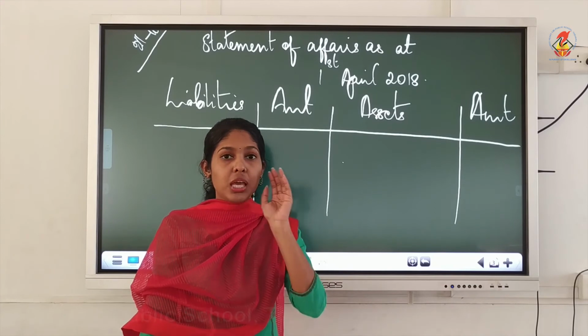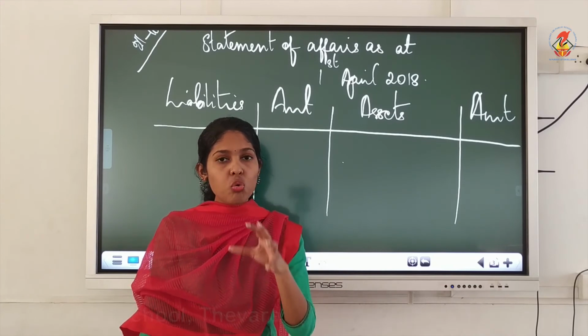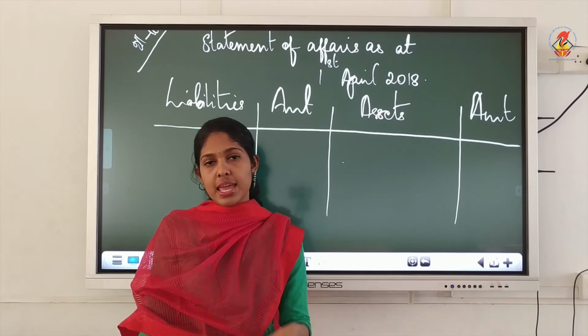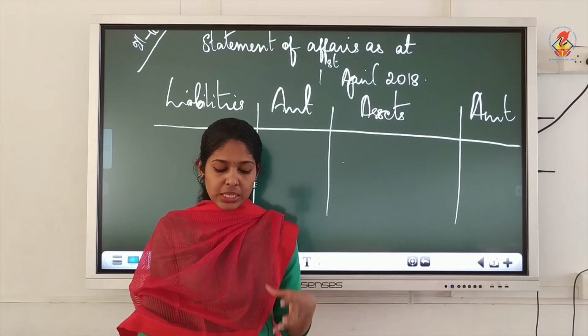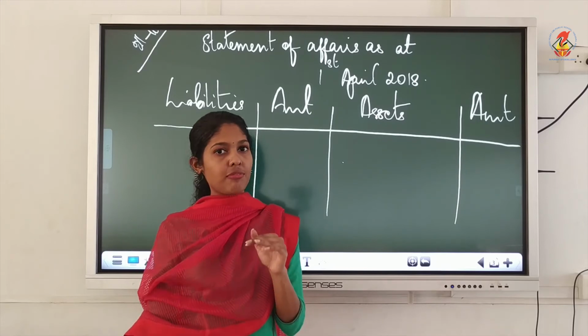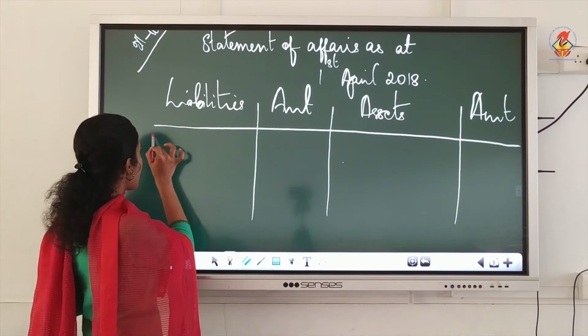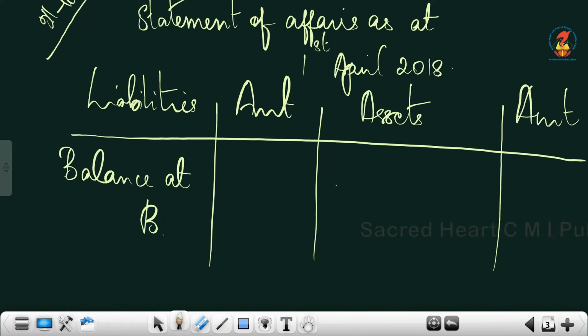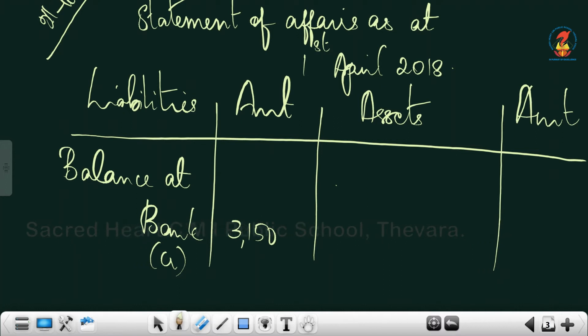That is over. Bank balance and cash balance normally will be having a debit balance because both these are assets. But in this question, it is given bank balance credit. That means it is the overdraft balance. So that you have to start on the liability side. So write balance at bank. This is the overdraft balance or this is the credit balance. Credit means overdraft. Normally bank will be having a debit balance. That means it is an asset. But here it is a liability.